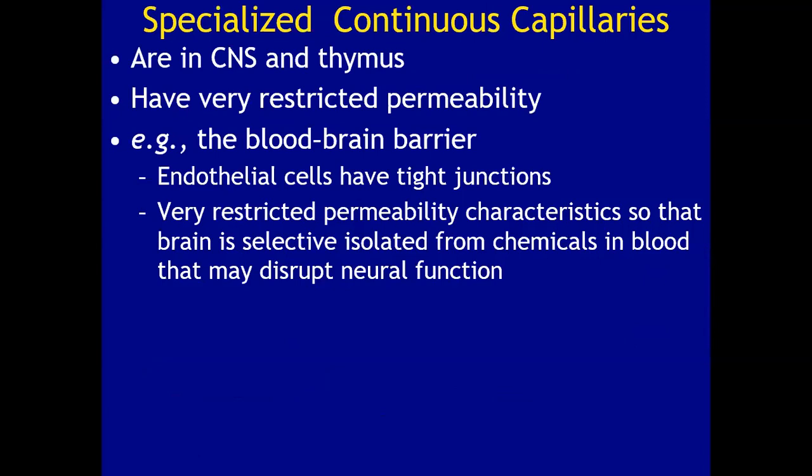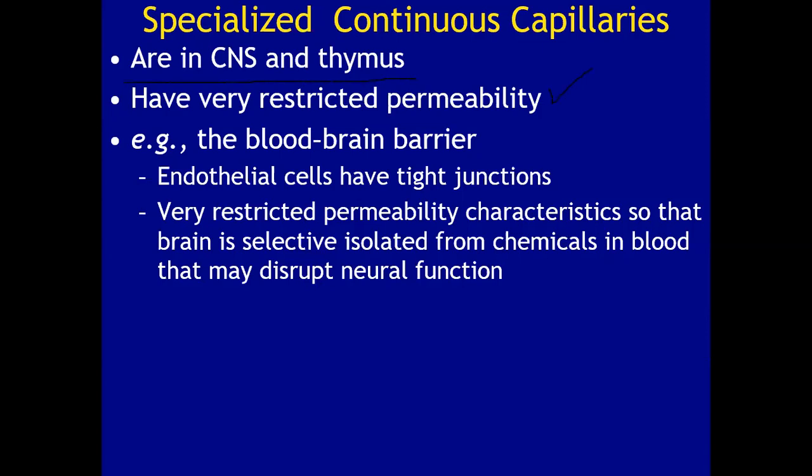There is a special form of the continuous capillaries that is called specialized continuous capillaries. That's a great name for it. We talked about this with the blood-brain barrier. We also find this in the thymus. Very restrictive permeability here. So go back and think about the blood-brain barrier. We were trying to keep things away from the brain that had a charge on it.